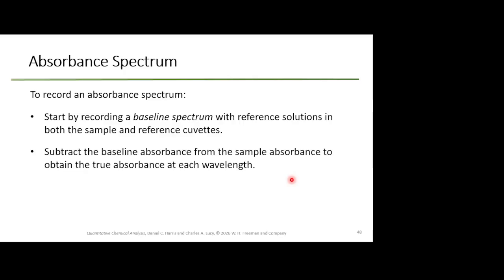So when we record an absorption spectrum, this is typically going to be a two-part process. You're going to record a baseline spectrum. That's going to be used with reference solutions for both the sample and reference cuvettes. And then you're going to subtract your baseline absorbance from the sample absorbance.